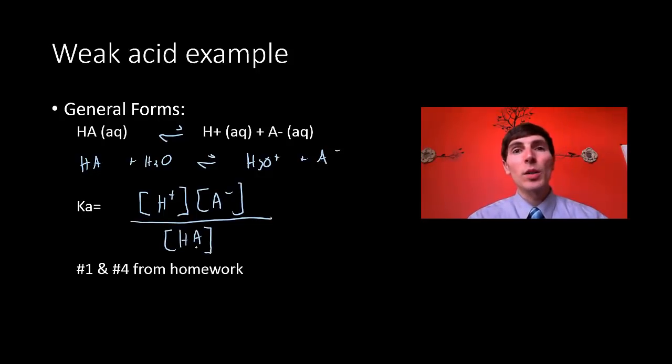This is for a weak acid. Because there's an equilibrium established, it doesn't all go 100% to the right, so I'm going to have to use this expression to mathematically deal with these different quantities. All these Ka values will come from a chart. They have them at certain temperatures.